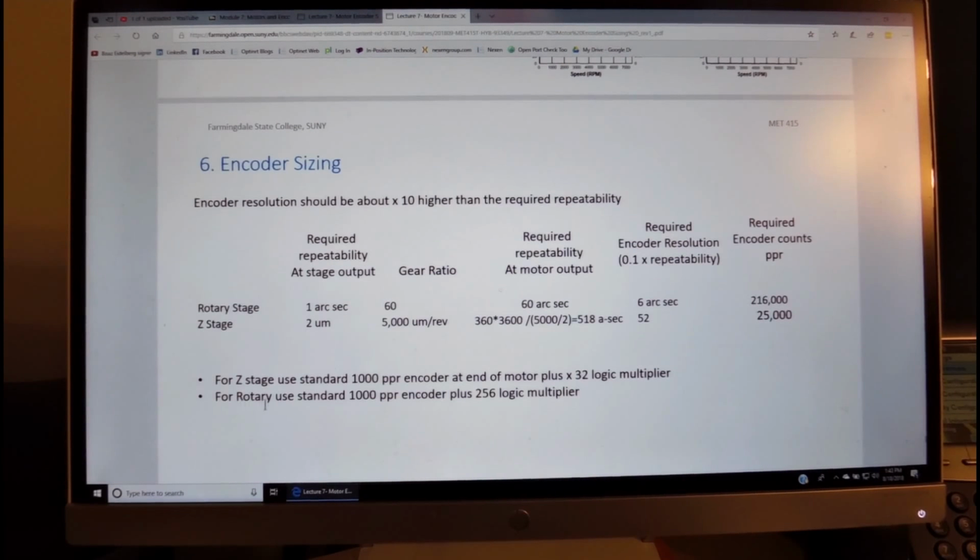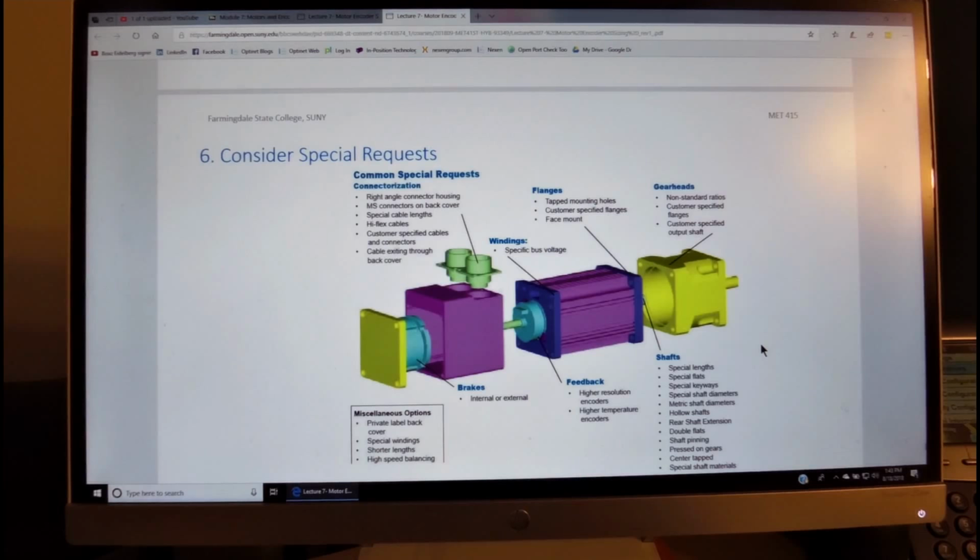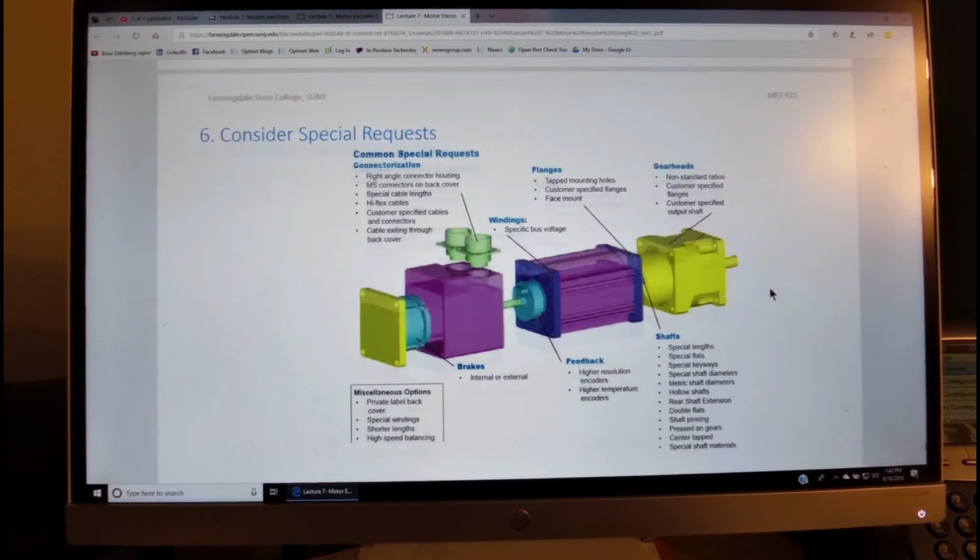So if the standard provided encoder at the end of a motor is 1,000 resolution, for the rotary we would need 256 in order to come up with 216,000, and with the same encoder resolution, we would need a logic multiplier of 32 in order to come up with 2,500. The diagram of the encoder with all the options is given to us by the manufacturer over here.